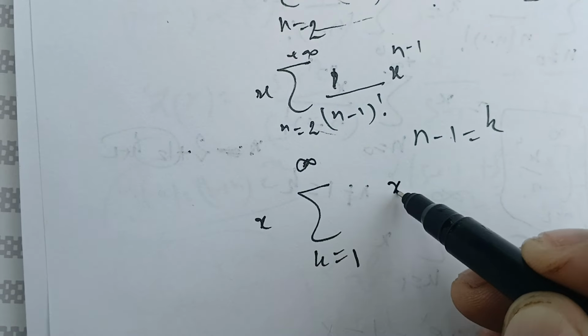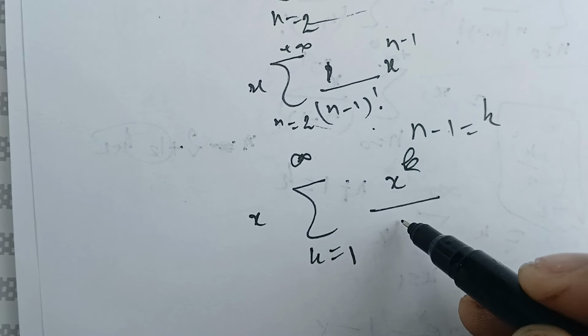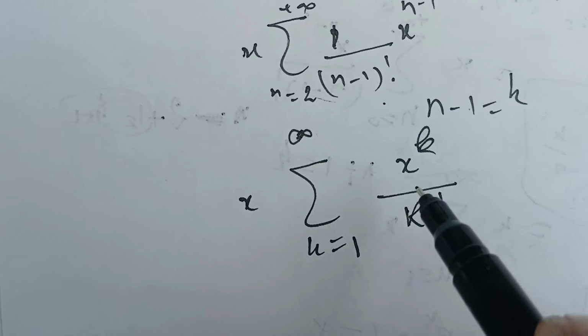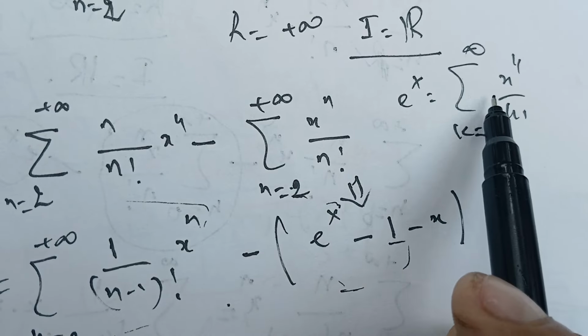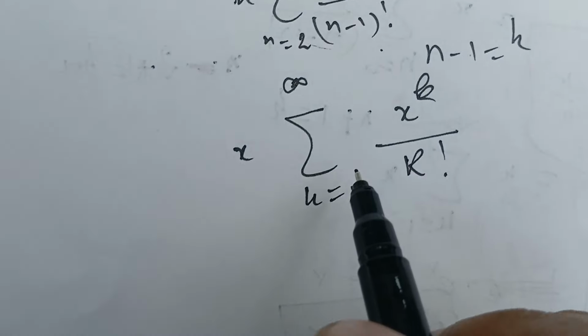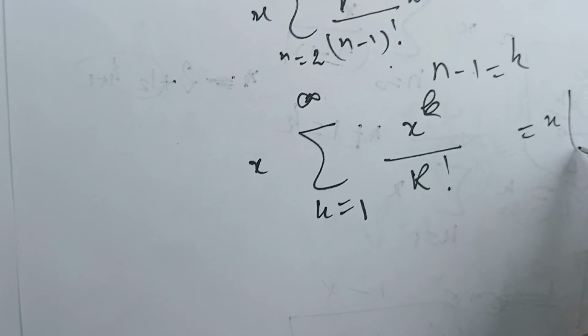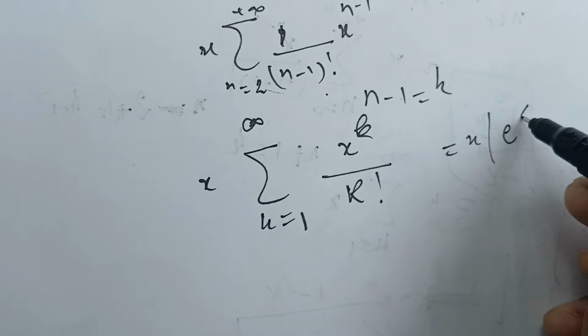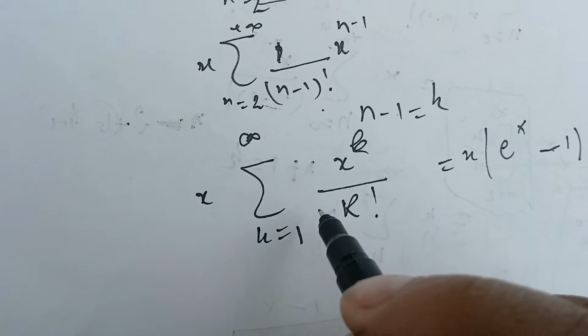And x to the power n minus 1 is just x to the power k, and n minus 1 factorial is just k factorial. Now I see that it is almost the exponential, but I'm missing the first element. Therefore, I can add it and subtract it. So I have the exponential, I added 1 to it, but I need to subtract that one.